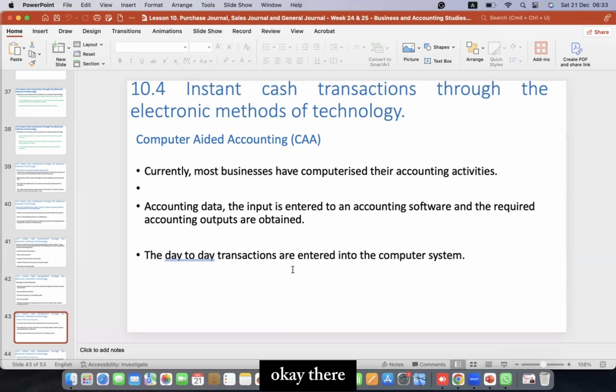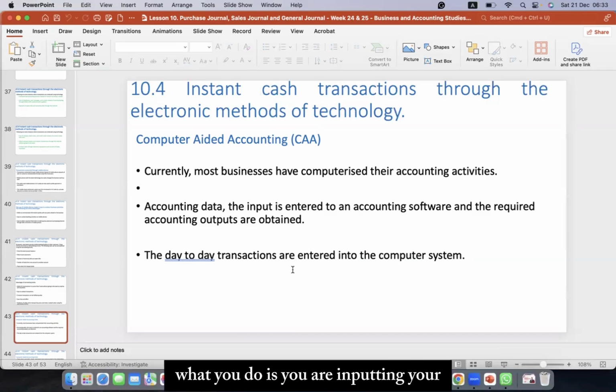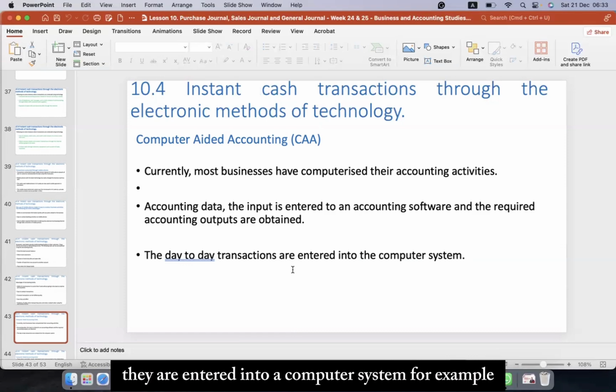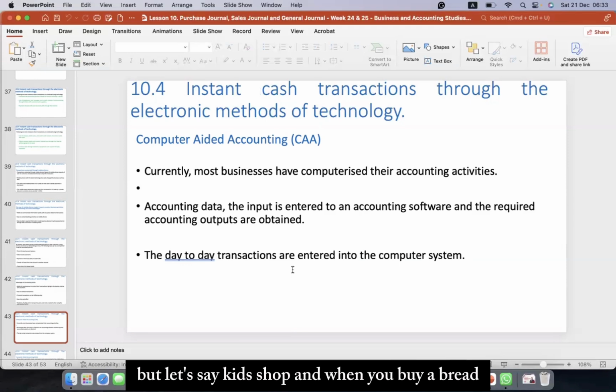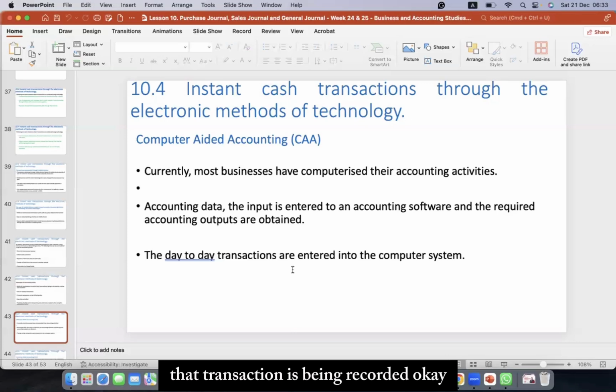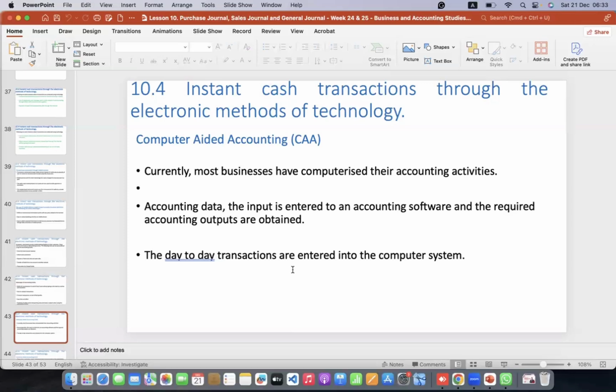There, you input your raw transactions into accounting software and it processes these accounts. Day-to-day transactions are entered into a computer system. For example, very simply, when you go to a Keells shop and buy a bread, that transaction is recorded. Then it is channeled through the computer-aided accounting systems, and it goes on to the preparation of the final accounts of the organization.